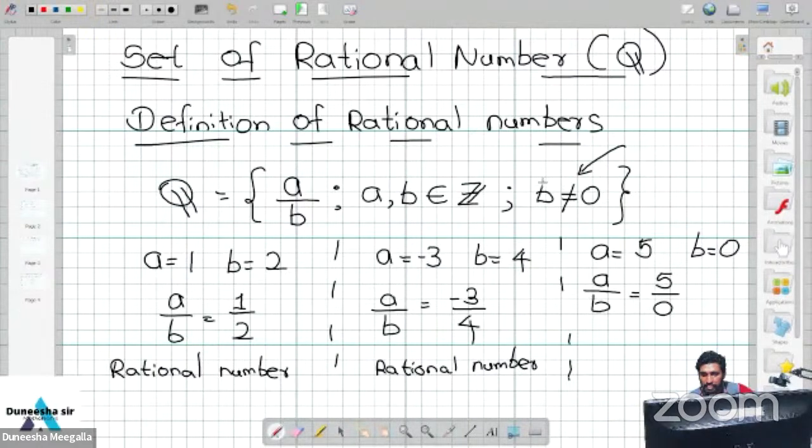In the definition, it says that B should not be 0. So 5 over 0 is not a rational number. Okay. Write down: this is not a rational number.